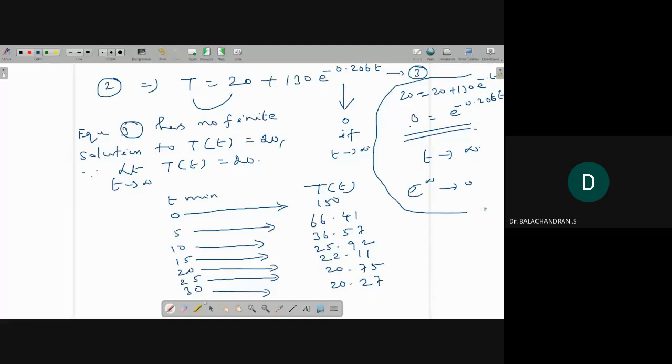Even if you put t equal to 1000, you will get 20.0000004 something. Because it is given here, when t approaches infinity only, it approaches 0. So I am telling approximately when t equal to 20, 30, the cake will come to room temperature, 20 degrees Celsius.